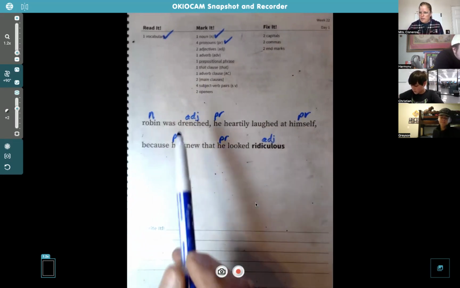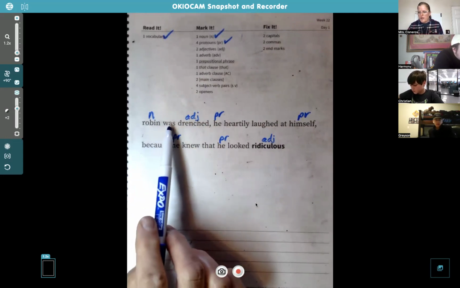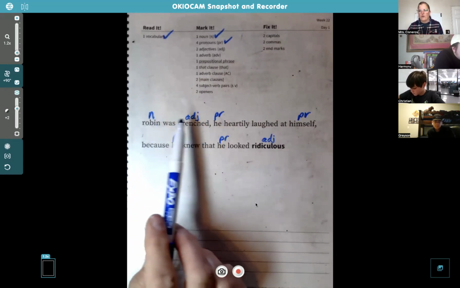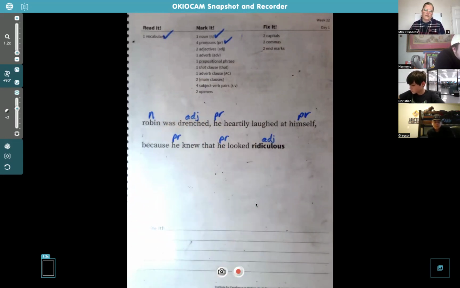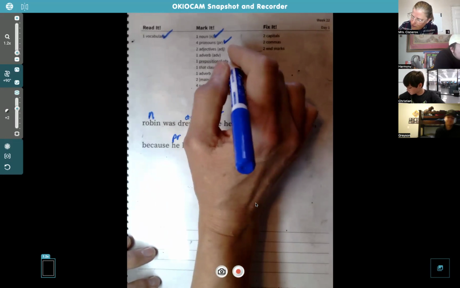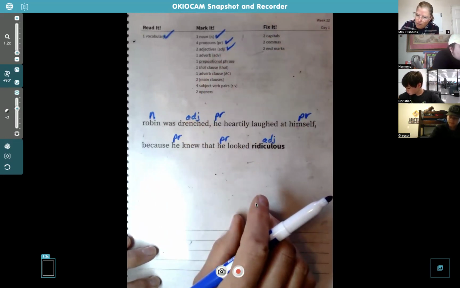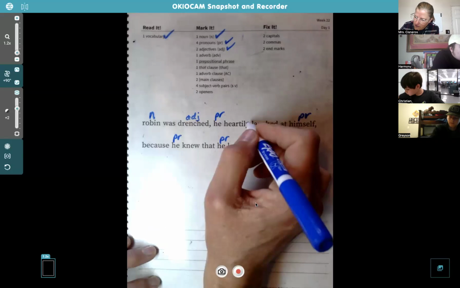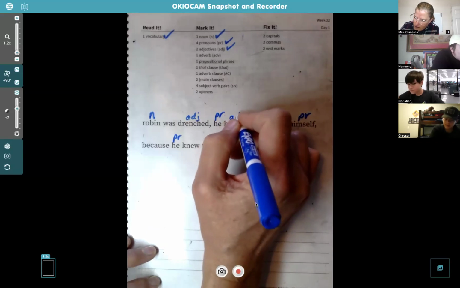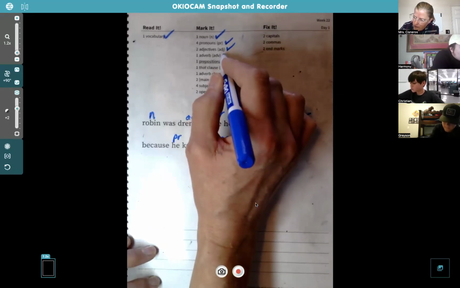But in this case, Robin was drenched. So this is a linking verb telling about how Robin was, right? He was wet or drenched. Very good. And you were right about that adverb. It is heartily because it has a ly at the end. So let's just mark that as the adverb.